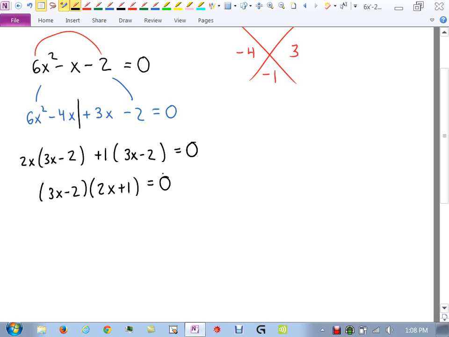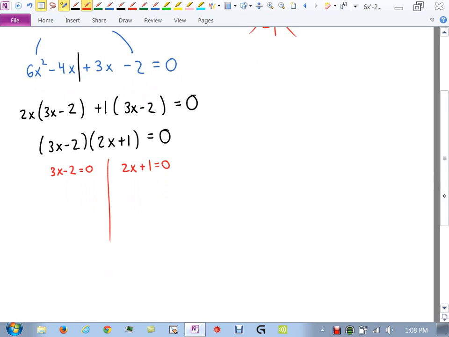Okay, can we now use the zero factor property? Yes? We have two things that multiply to be 0. Set them both equal to 0. So I'll split this up: 3x minus 2 equals 0, and 2x plus 1 equals 0. On the first equation, plus 2 plus 2. 0 plus 2 is 2.